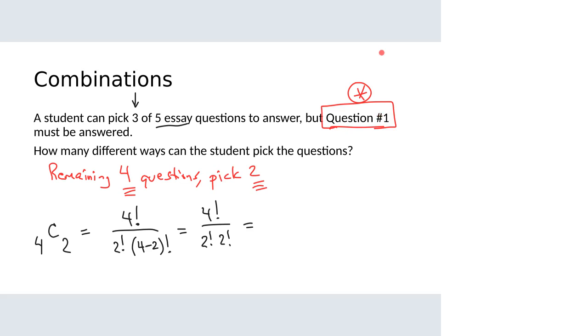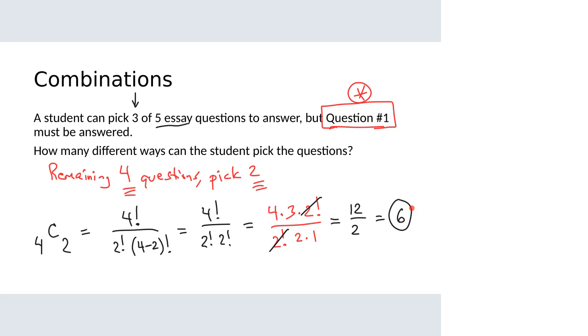So we go 4 times 3 times 2 factorial. That's going to cancel one of them. The other one I'm going to write as 2 times 1. And my 2 factorials cancel. And I have 4 times 3 is 12 over 2. So there are 6 different ways the student could choose to answer the questions.